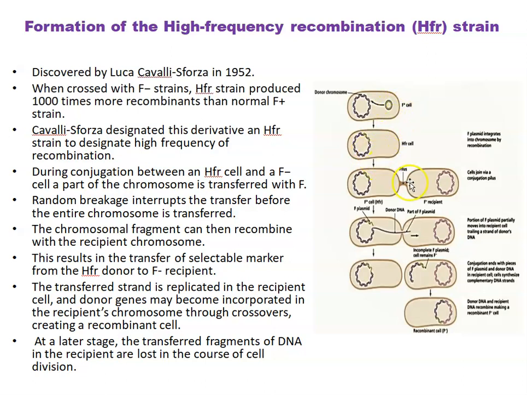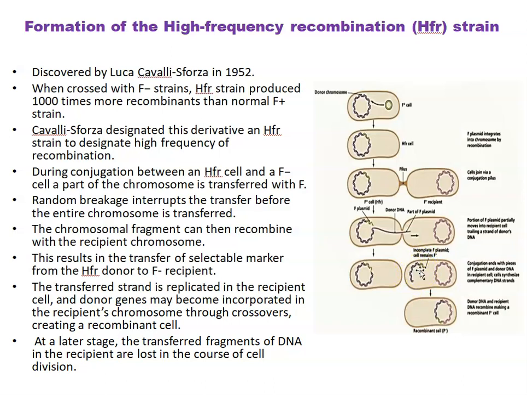Here the conjugation bridge is there, the pilus, helping the bacteria come close to each other. Then a part of the donor bacterial DNA is transferred to the recipient cell, but sometimes random breakage interrupts the transfer before the entire chromosome is transferred, right? You can see here in this diagram.